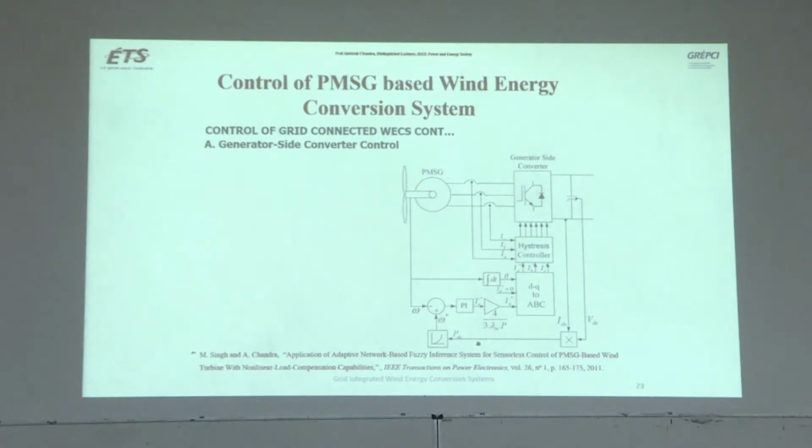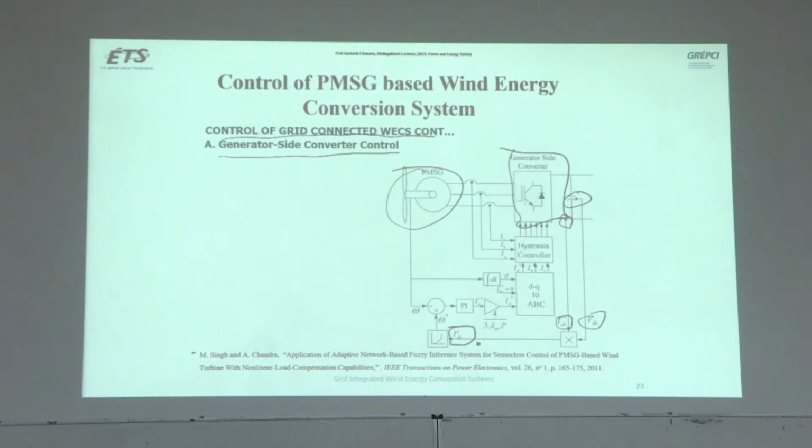Now coming to the control of, again, the generator side converter. So this is the PMSG, and the grid side converter. You measure the DC link voltage and the DC link current, IDC and VDC, and multiply both; this will give you the output power.